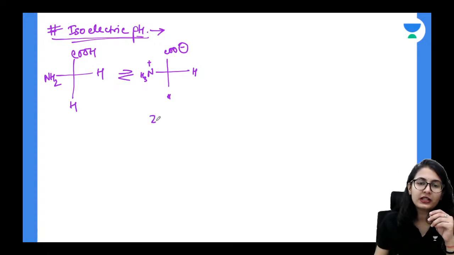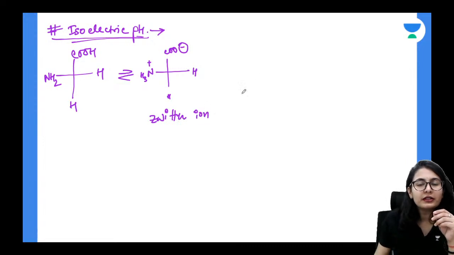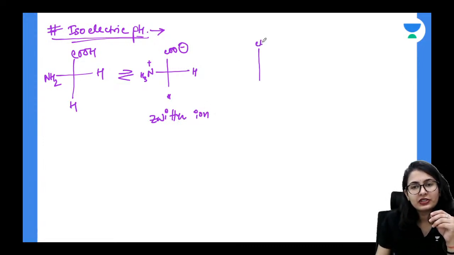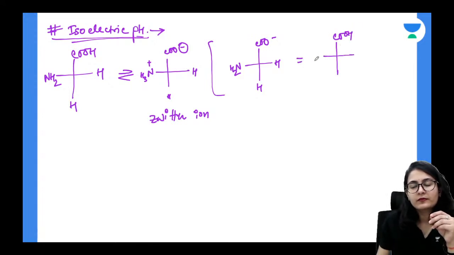Either you get the Zwitter ion or you get equal concentrations of both of these. इसमें भी क्या हो रहा है?